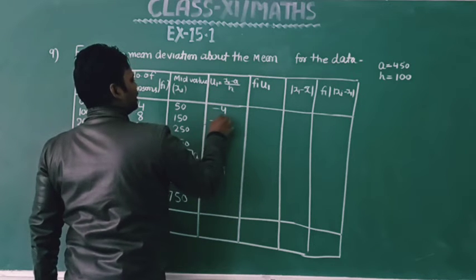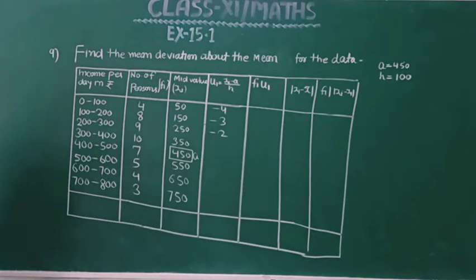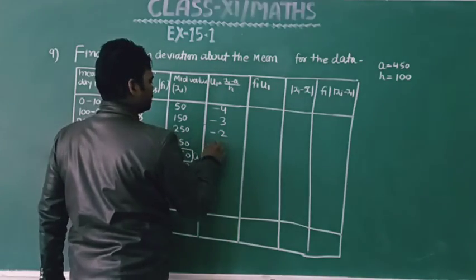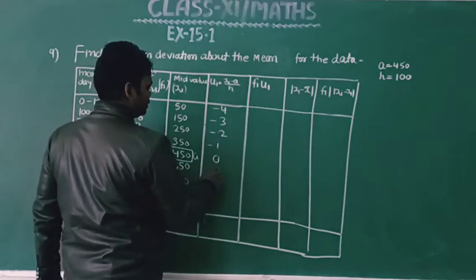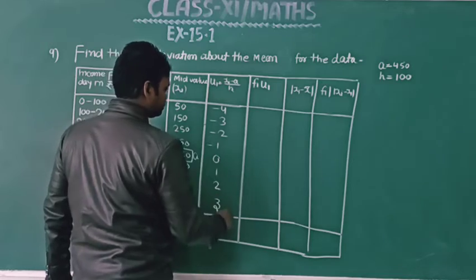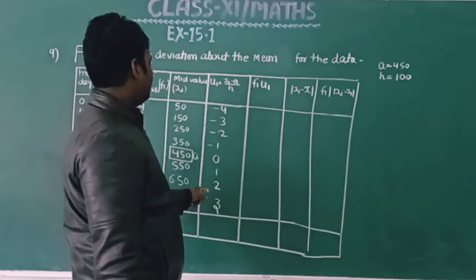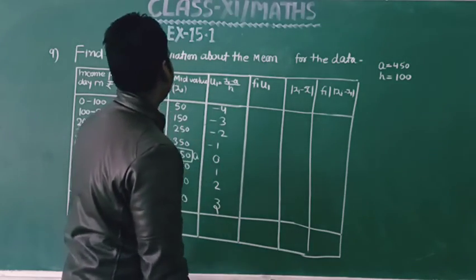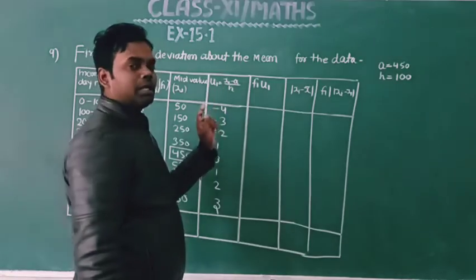And here this is minus 3, this is minus 2, and this is minus 1, and next 0, and this is 1, this is 2, and this is 3. Now here we have found each ui by xi minus a upon h.